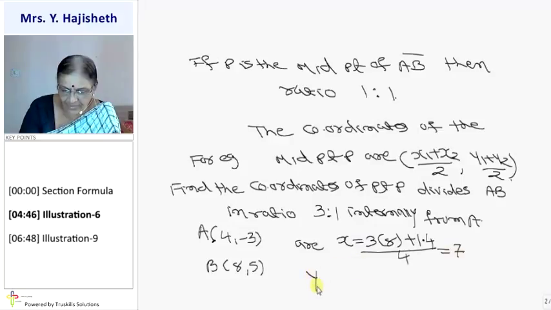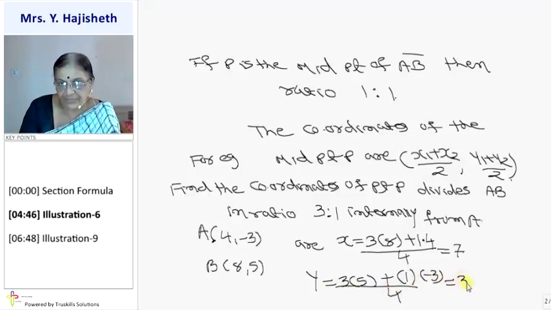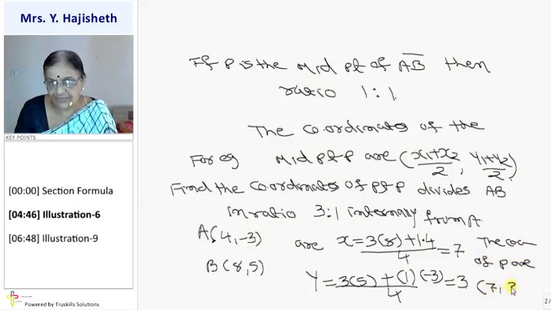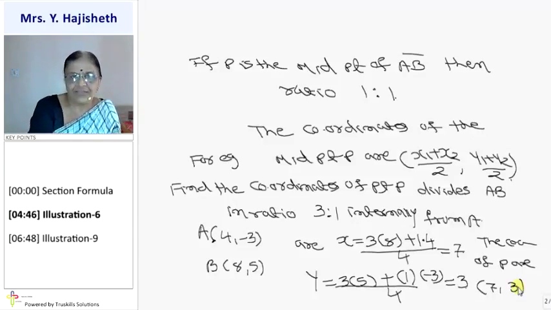And Y will be (3 into 5 plus 1 into minus 3) upon 4. And that is coming as 3. So what are the coordinates of P? The coordinates of P are (7, 3). Clear?